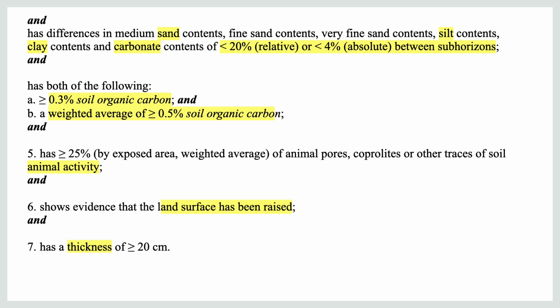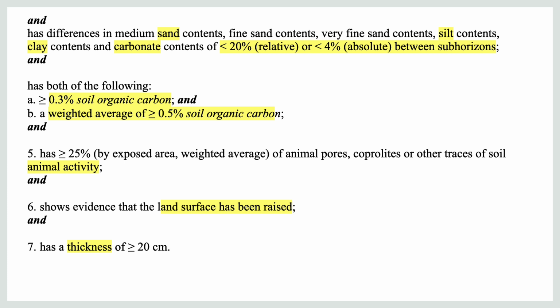So the content of sand, silt, clay, or carbonates among all the subhorizons that compose the geographic horizon should be very homogeneous, and this specific surface horizon should present a soil organic carbon content equal or higher than 0.3%. It's a very low organic carbon content, but it should be followed.